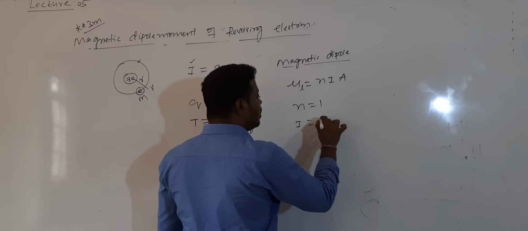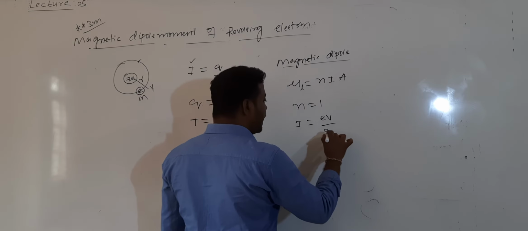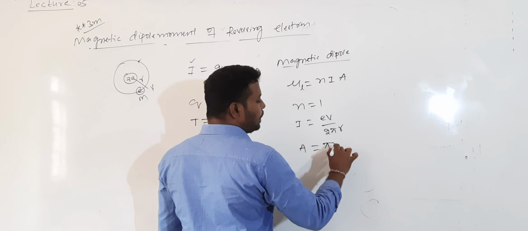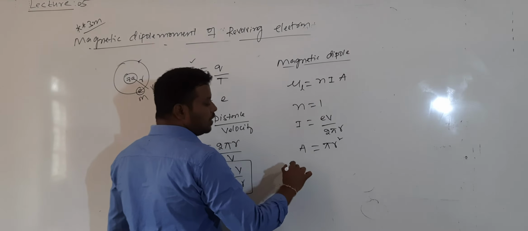I know I is equal to e v by 2πr, and A is the area of the loop, which is πr². Substitute the values.